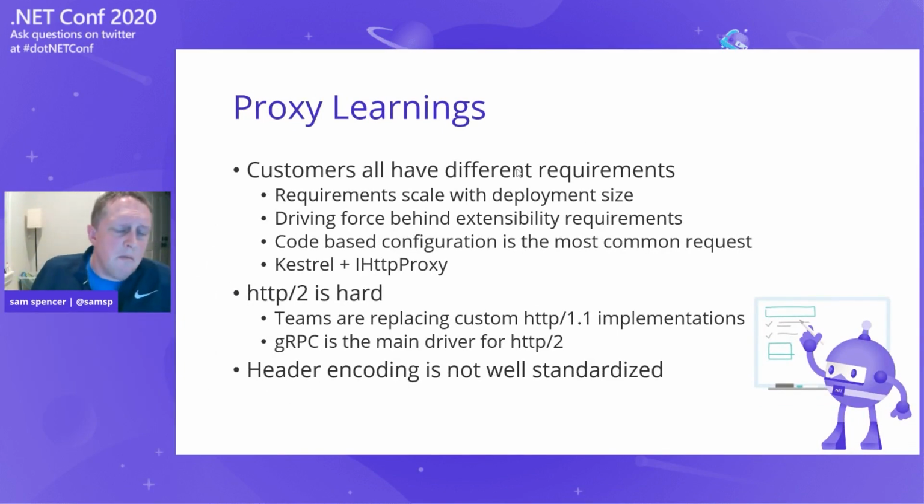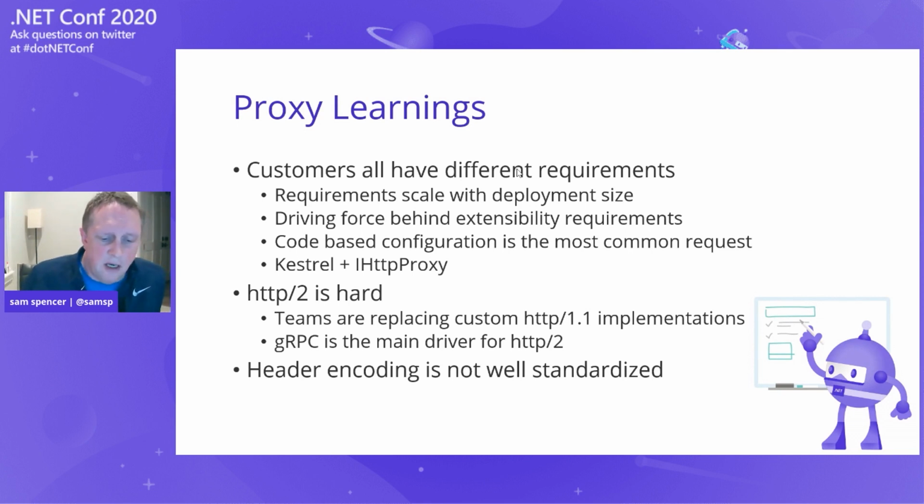So that's kind of the basics of YARP. The interesting thing is, in building this, we've had a number of internal teams come to us. Some of those teams are doing simple stuff, and some are a lot more complex. As those teams have gotten bigger and more complex, what they've wanted to do with YARP becomes more and more custom.